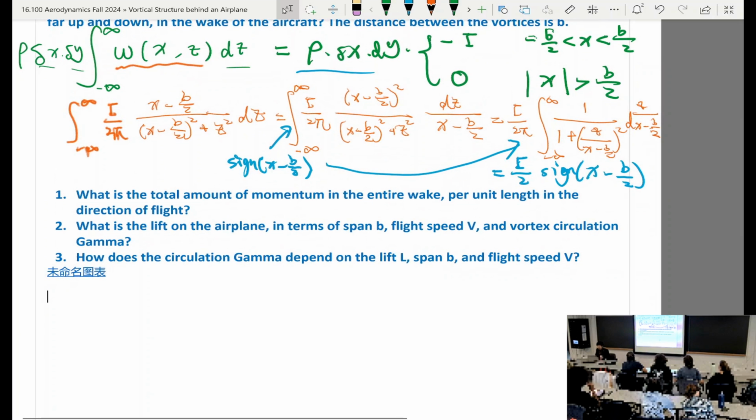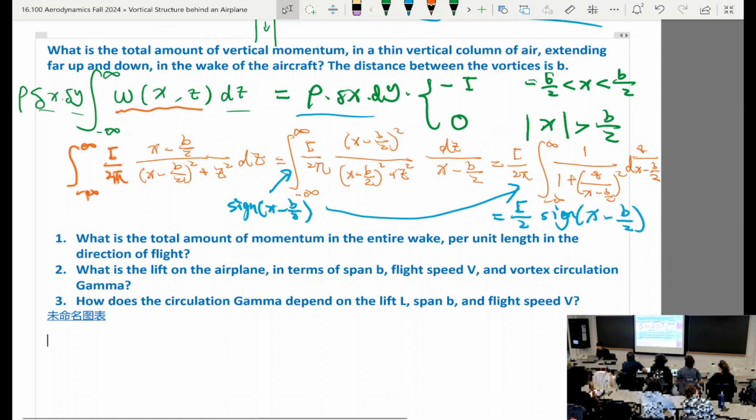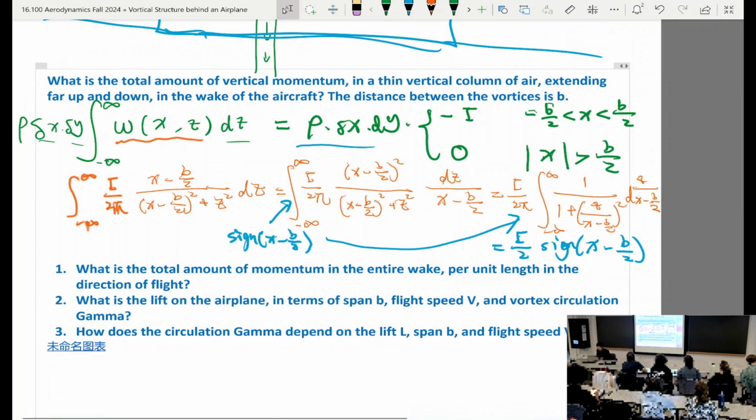Now it's a question for you. Use the green conclusion to figure out what is the total amount of momentum in the entire wake per unit length in the direction of flight. This green conclusion is only on a small vertical column.